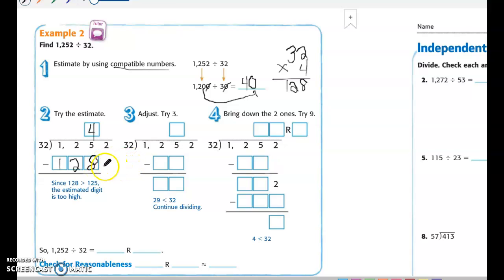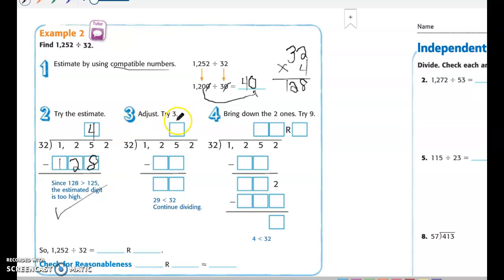We're going to have to regroup, but is this possible? No, I'll end up with a negative number because 128 is bigger than 125. So this one will not work. I'm going to check it off. Not working. Okay, we need to adjust.